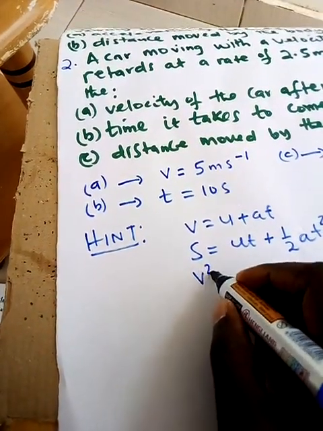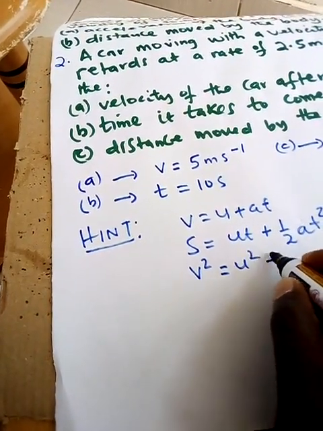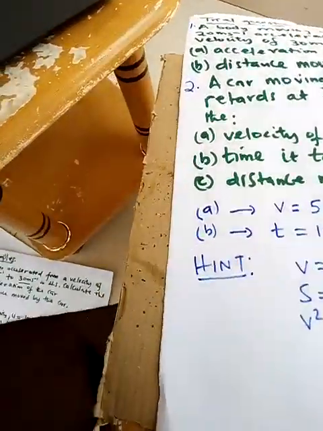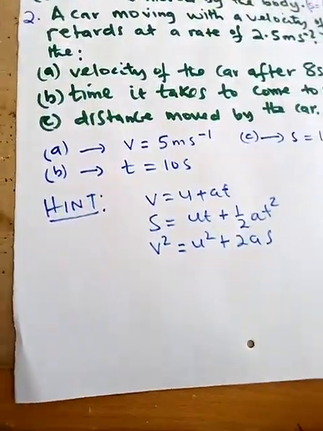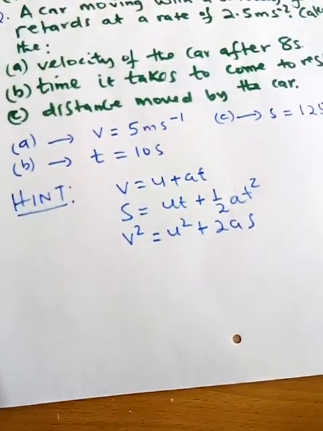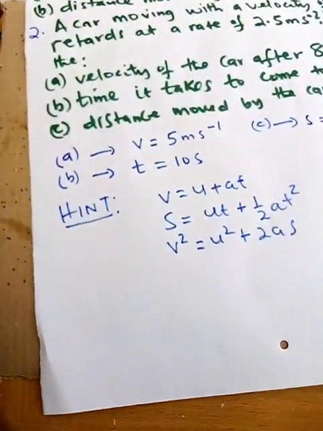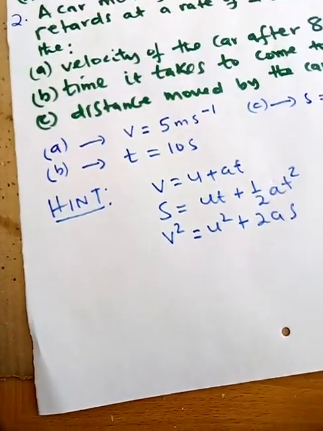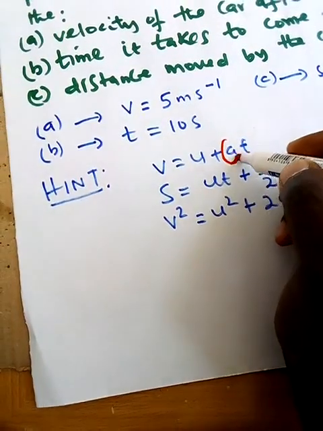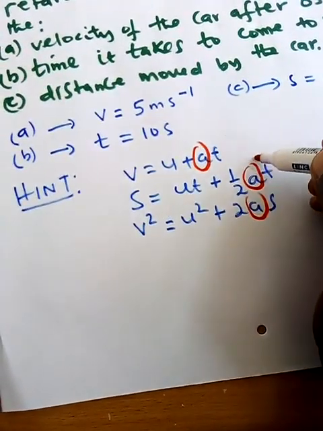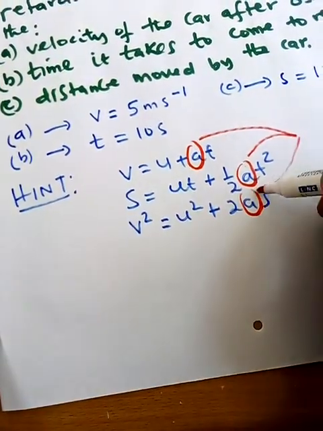You will probably use V squared is equal to U squared plus 2AS. Now, in all the equations, there is acceleration involved. I want to pull it out and you see. There is this acceleration here, another acceleration here, and one here. All of them are involved.